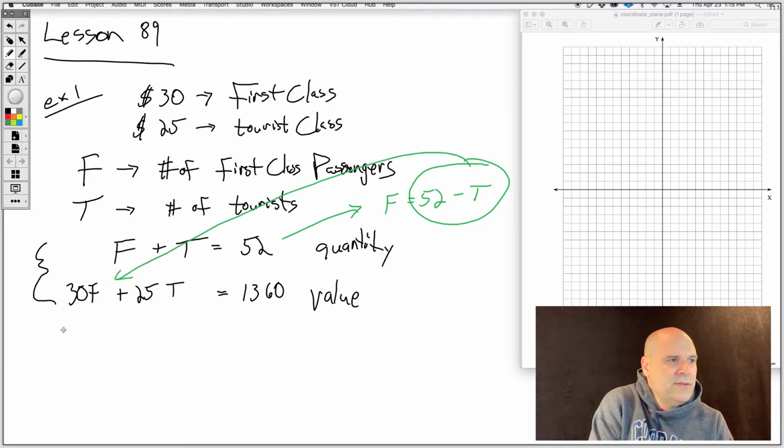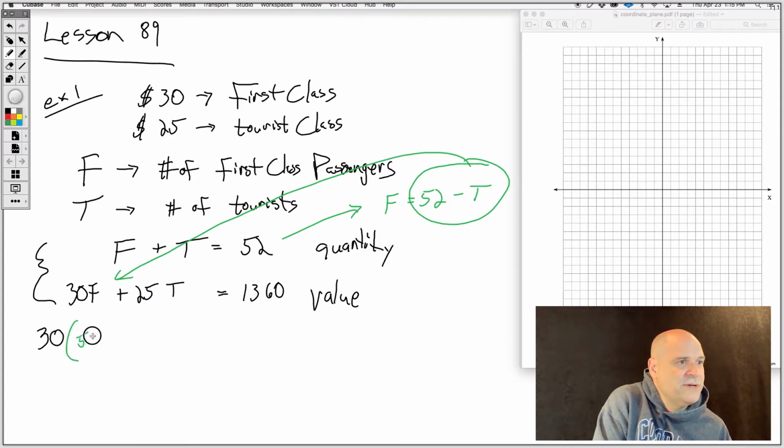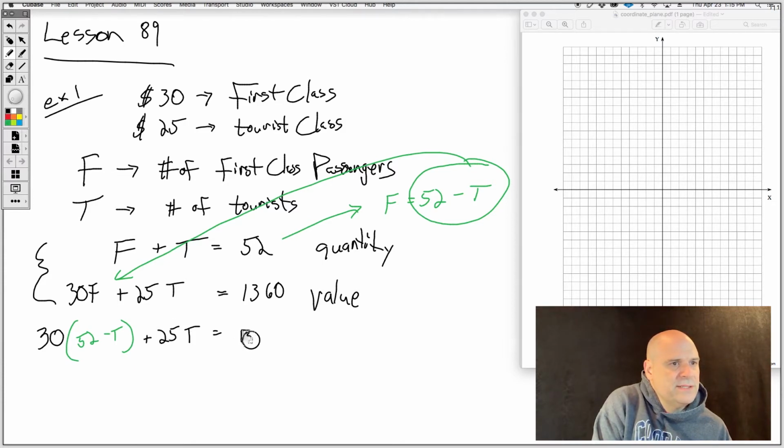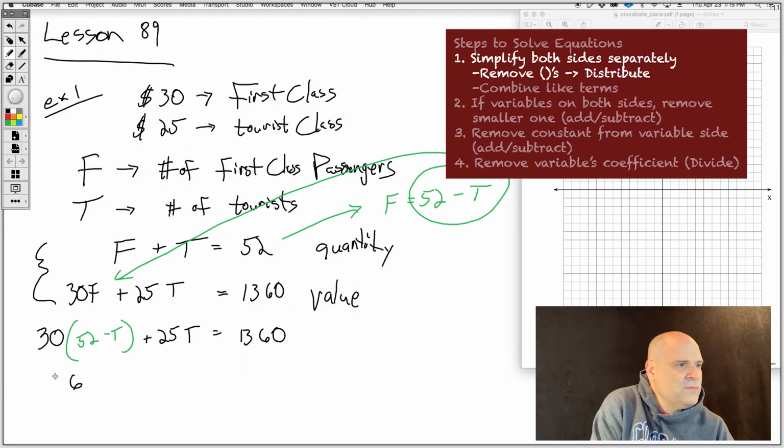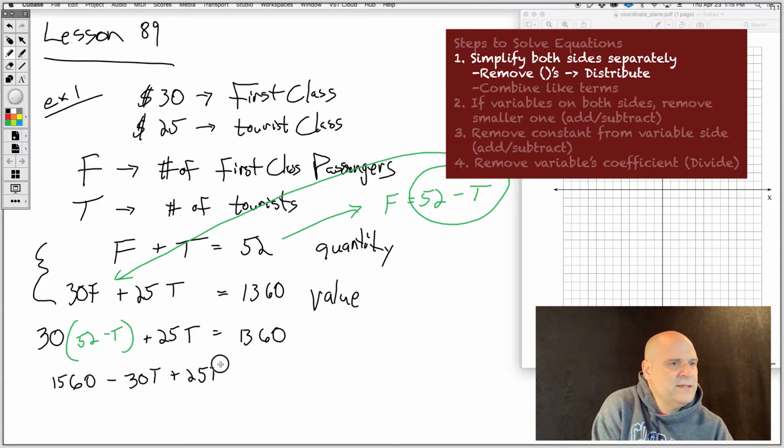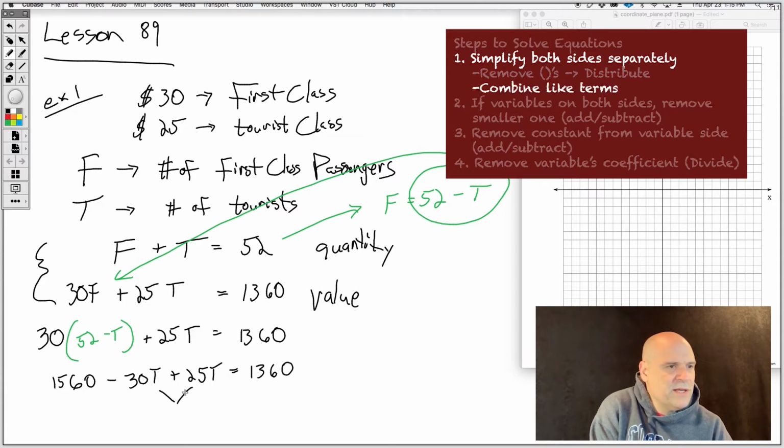Let's do it. 30 times our F, which is 52 minus T, plus 25T equals 1,360. That's 1,560 minus 30T plus 25T equals 1,360. Combine like terms. Remember, we're just solving equations here, so this is negative 5T.